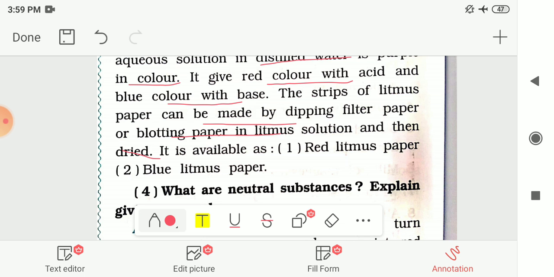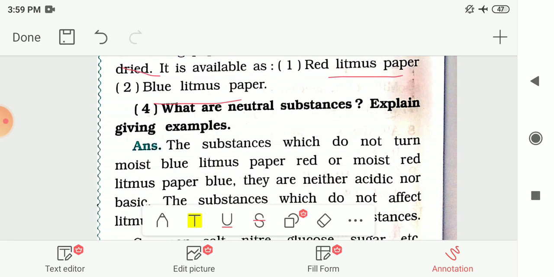So this is how we can get the strips of the litmus paper. It is available as red litmus paper and blue litmus paper, and as we had seen, acids turn blue litmus paper into red and bases turn red litmus paper into blue. So this is all about litmus as a natural indicator.